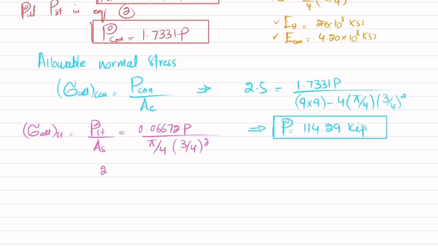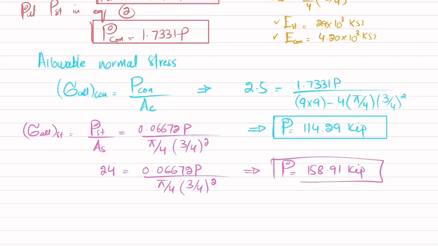So I will write 24 is equal to 0.06672 times P divided by this area, which is pi by 4 into (3/4) whole square. So from here when you calculate it, you will get P, which comes out to be 158.91 kips.